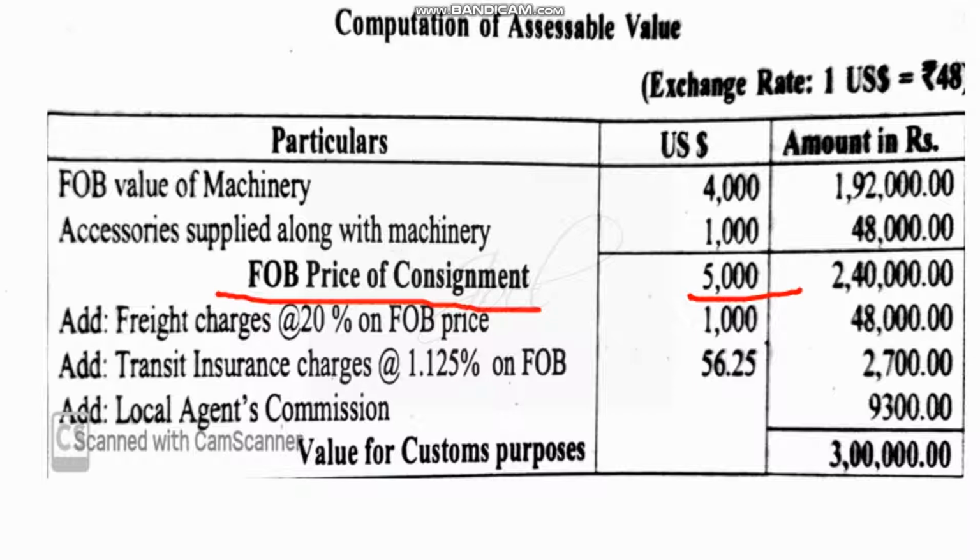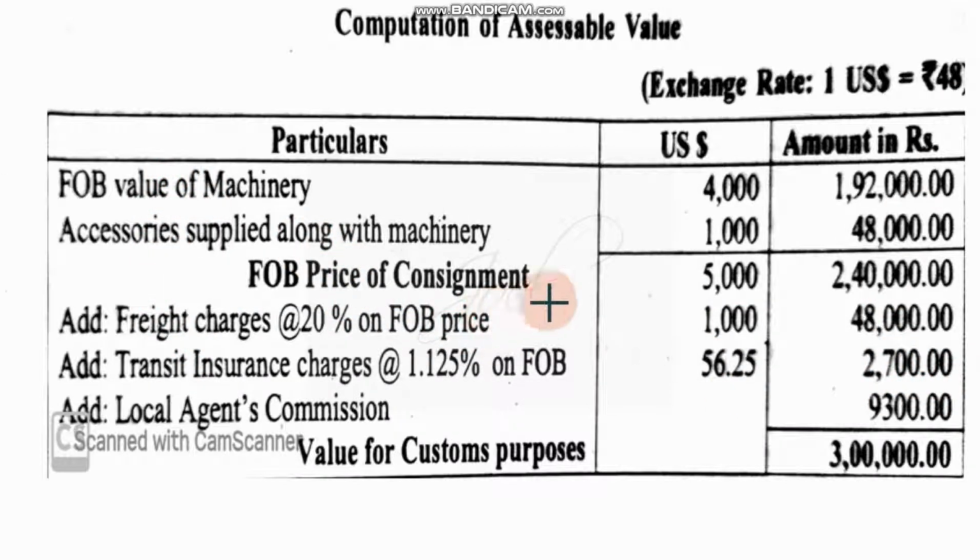Since freight is given as air freight, when it is given as air, if the problem was silent and it was only given as freight 1200, then we would write 1200 here. But here it is not like that. Freight is 20% of FOB price. So FOB price is 5000, 20% of 5000 we are supposed to calculate, you will get 1000.